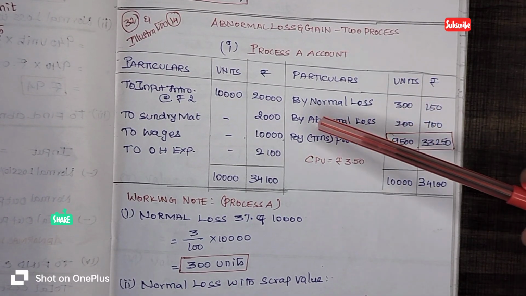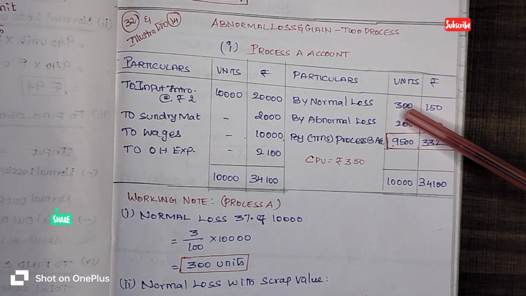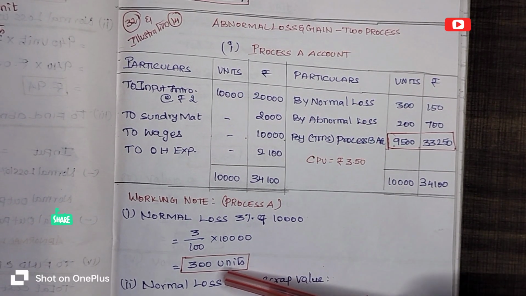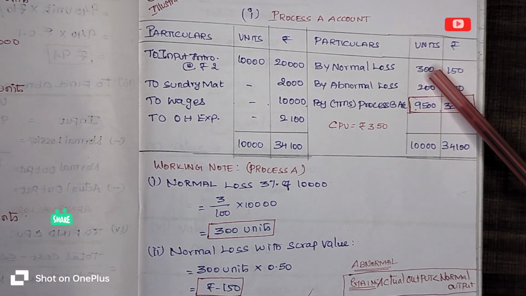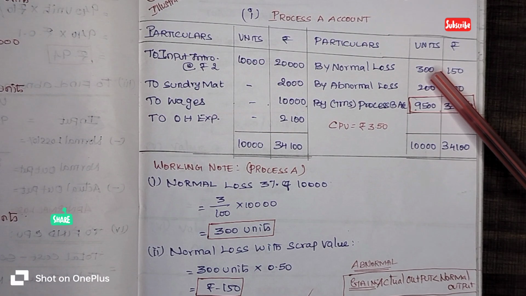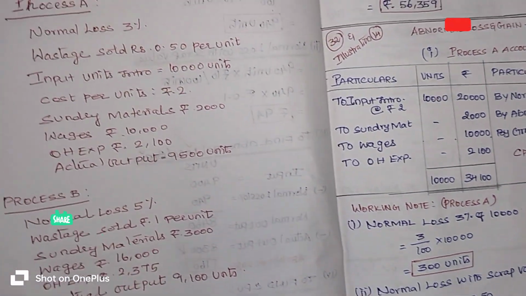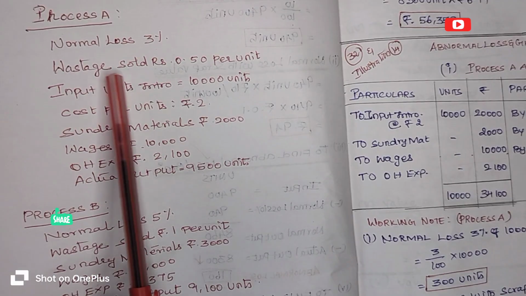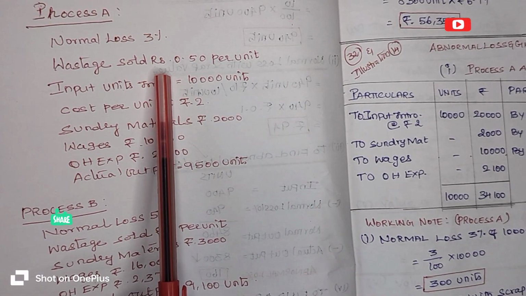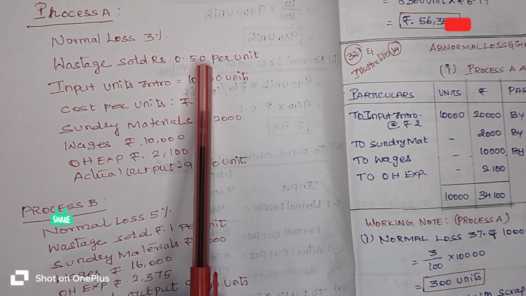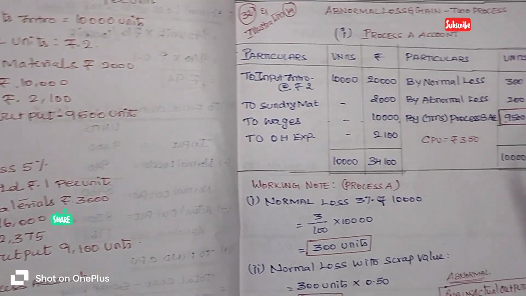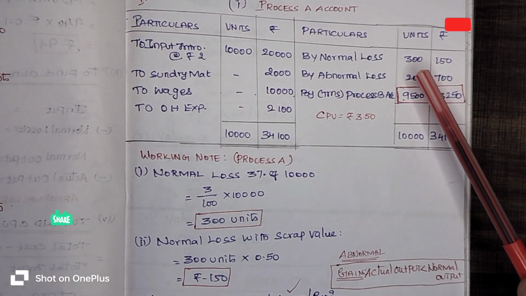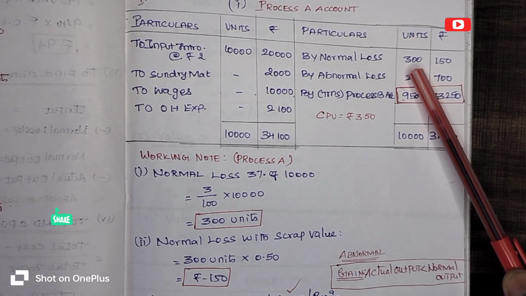In the process account format, normal loss always shows on the credit side. In the units column you enter 300 units, by normal loss 300. Then we need to find the scrap value. What scrap value have they given in process A? Wastage sold at 0.50 per unit, meaning 50 paise. Wastage sold means scrap value. So how much is the scrap value for this normal loss?